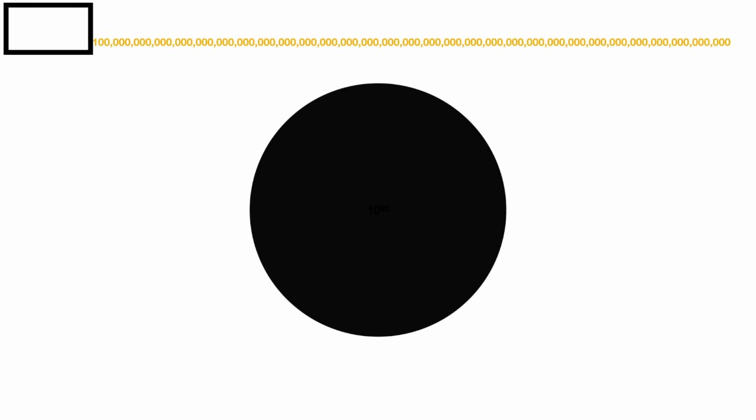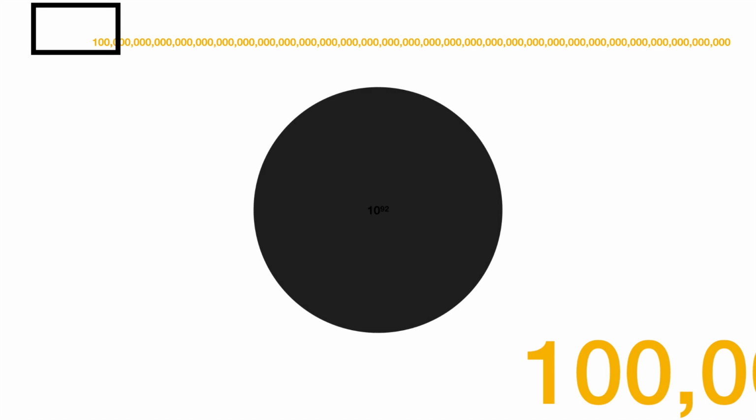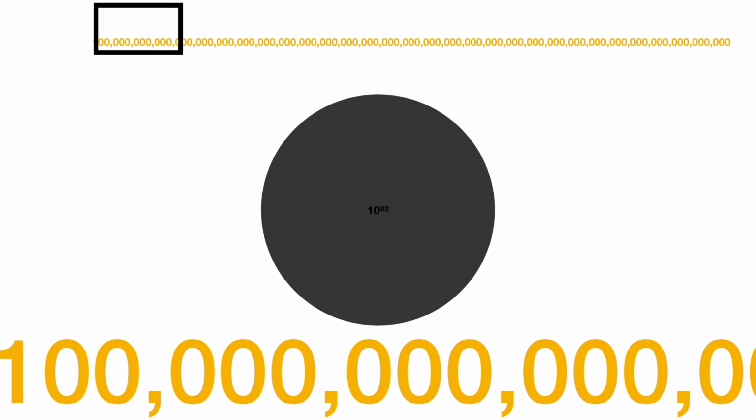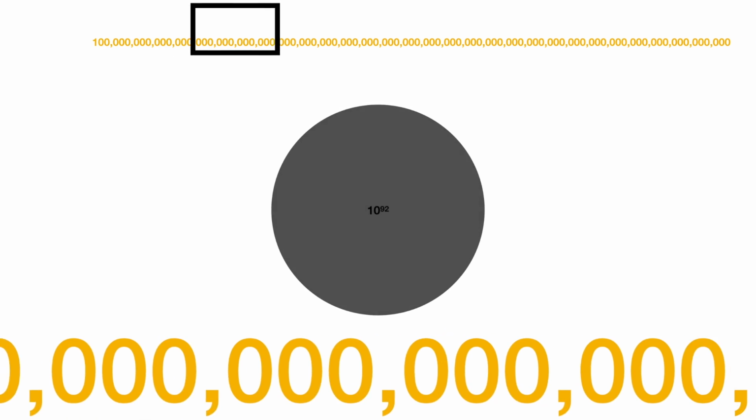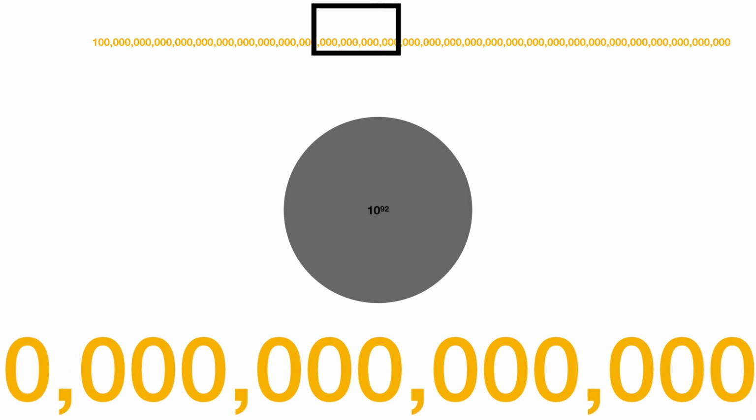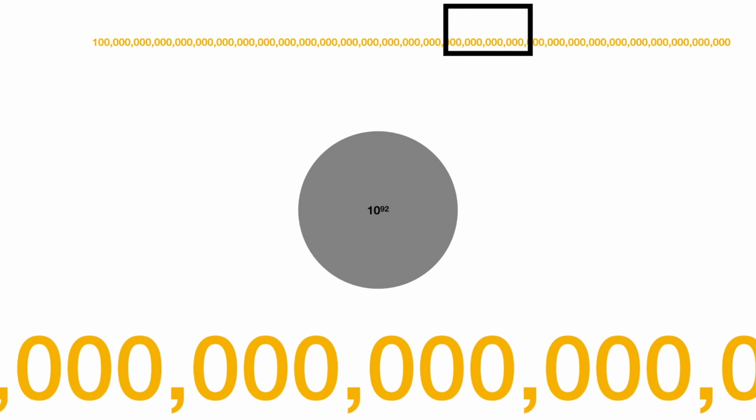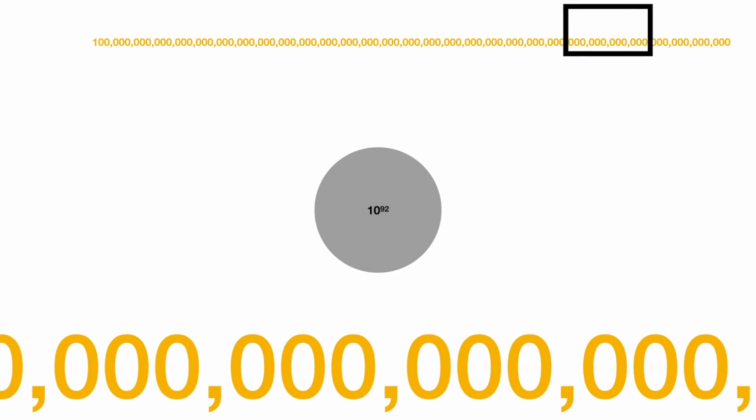Now, let's say there is a black hole at the center of a galaxy. How long will it take for those black holes to evaporate? Well, I'll give you the answer: 10 to the 92nd power. This is a huge number. There isn't really a concept for it.